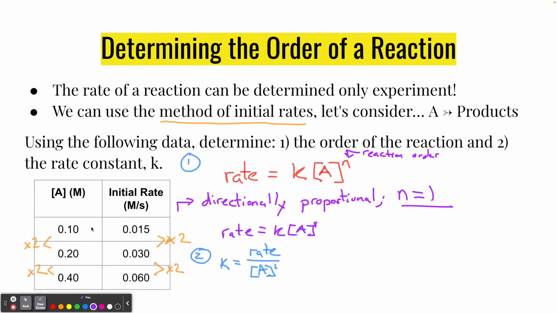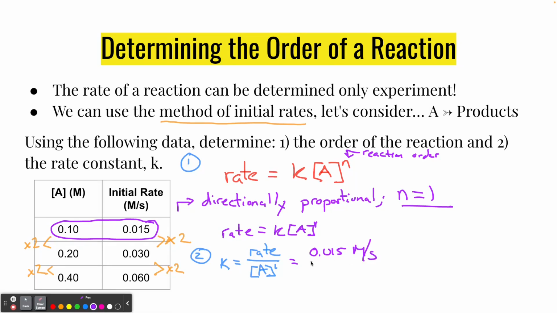And when you pick a trial or a run, make sure you use both sets of numbers. So I'm going to use run 1. So I'm going to use the initial rate of 0.015 divided by the concentration at 0.1. Okay. So make sure your numbers are consistent for the same trial or run. And I'm going to do 0.015 molar per second.